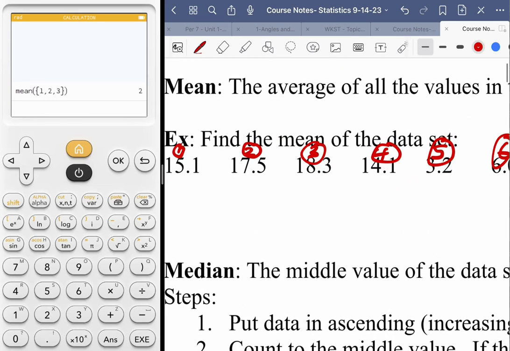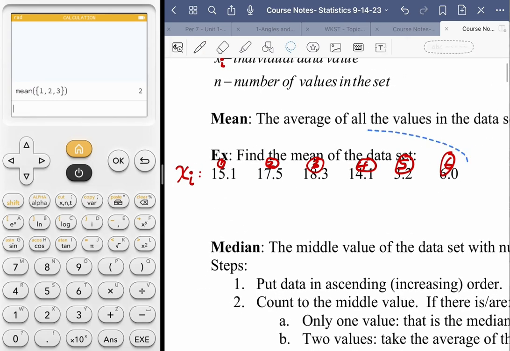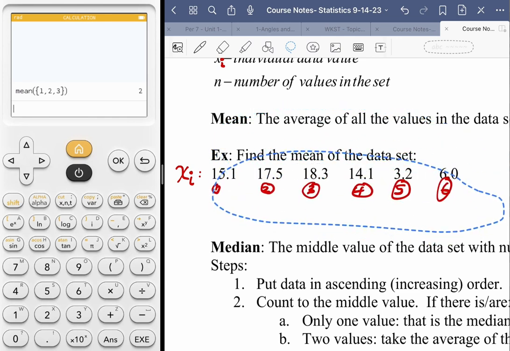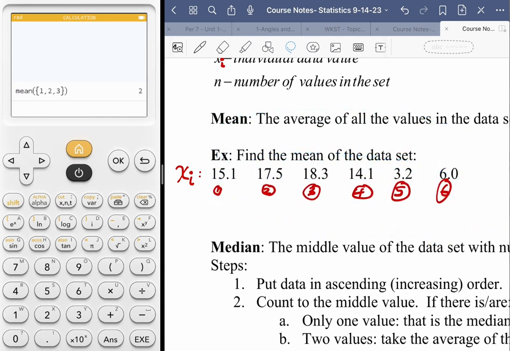Yeah, 6 values overall. I'm just going to move that up because that went off the rails pretty quickly. I'll put it underneath. First, second, third, fourth, fifth, and 6 values. So for example, if I say x sub 2, I'm saying it's the second value in the x sub i list, which would be 17.5.